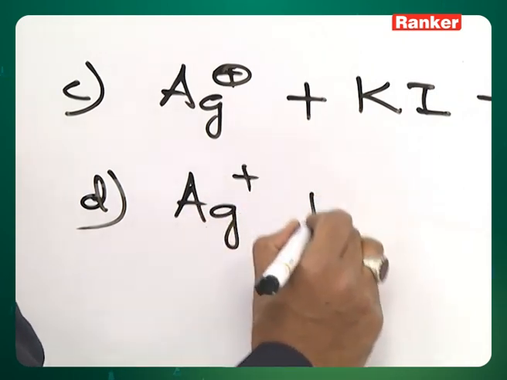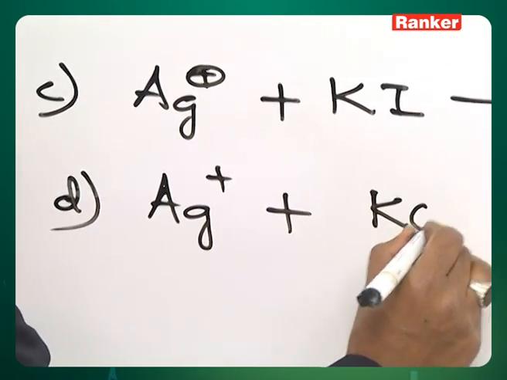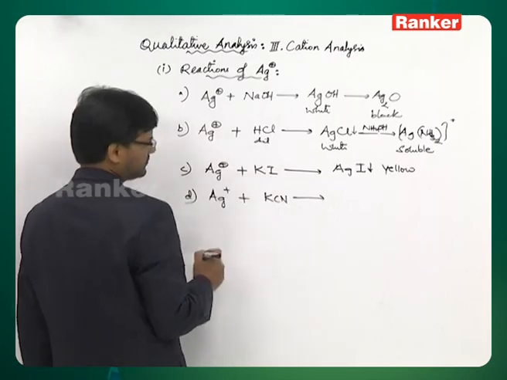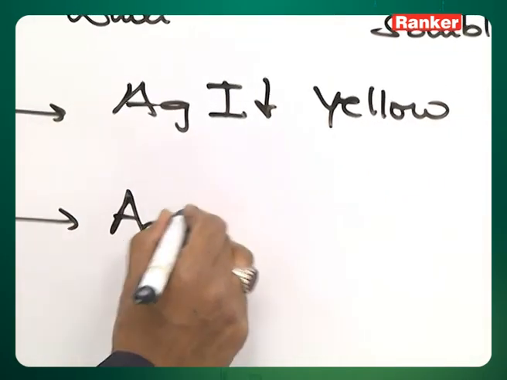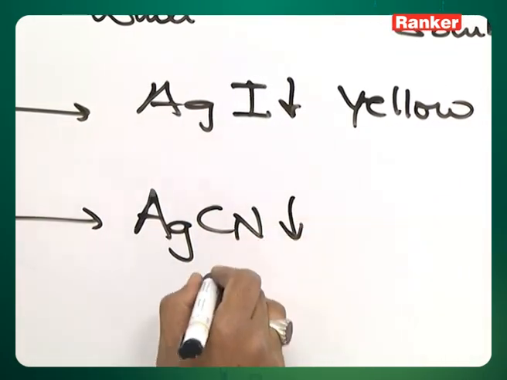Ag plus KCN, you get AgCN, which is a white precipitate.